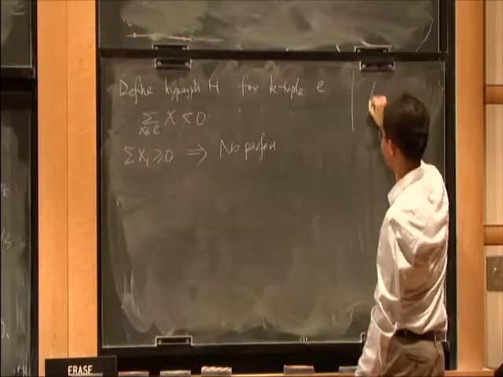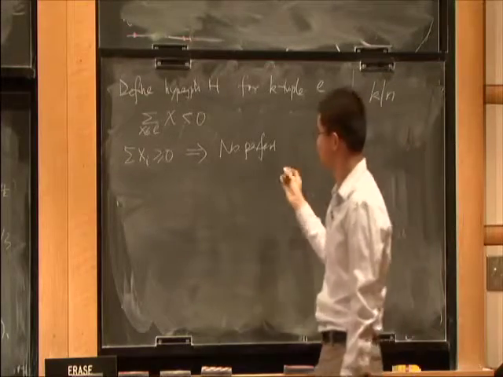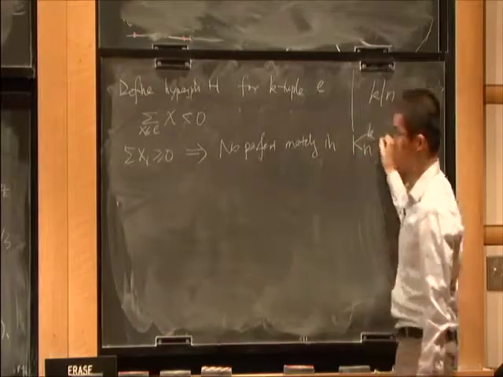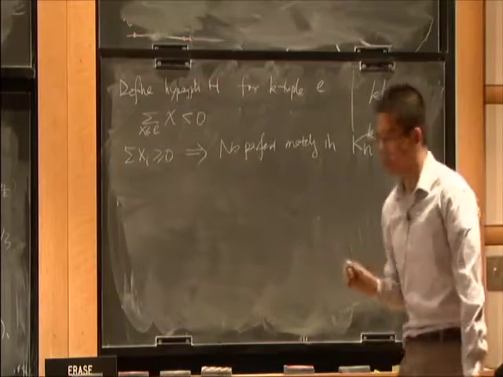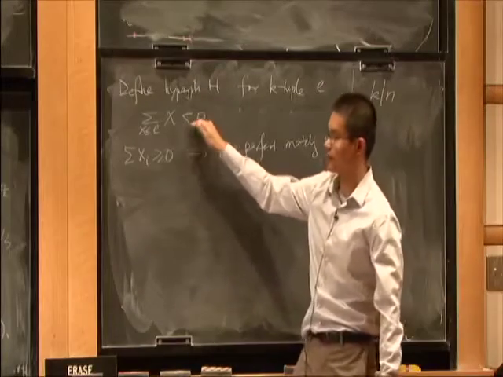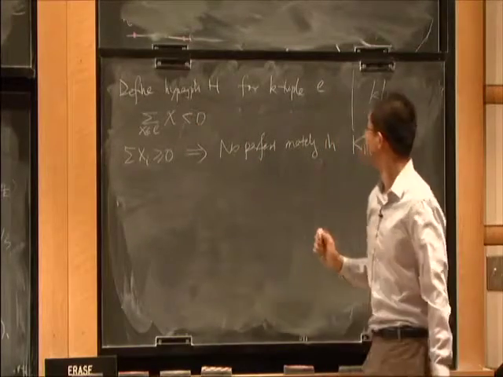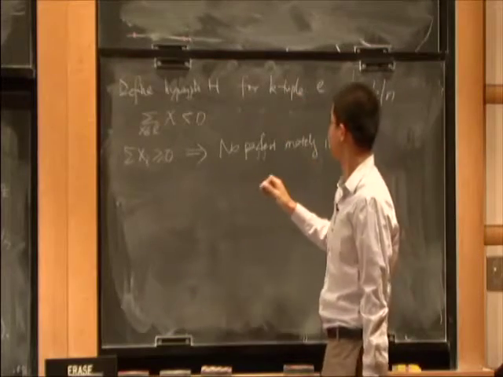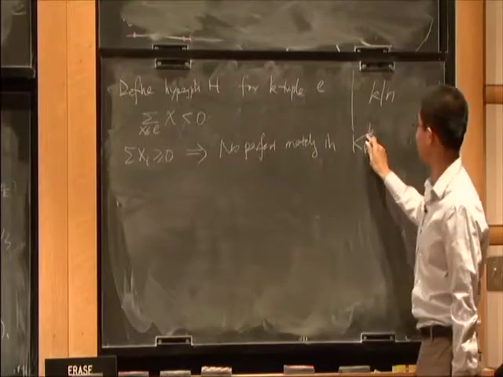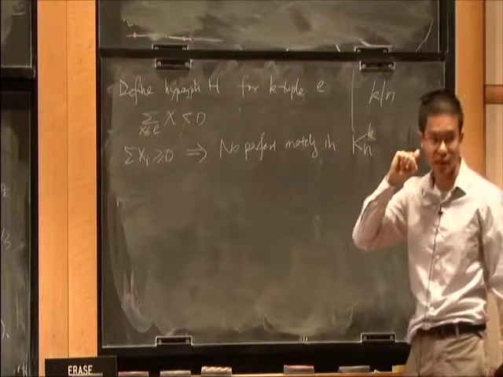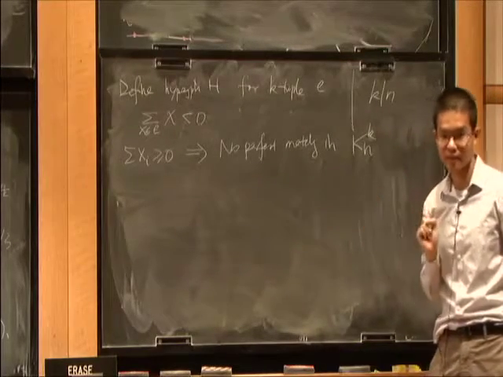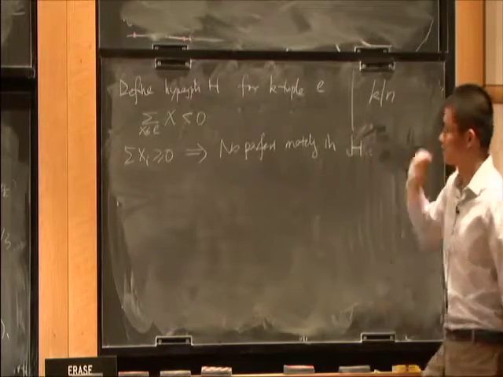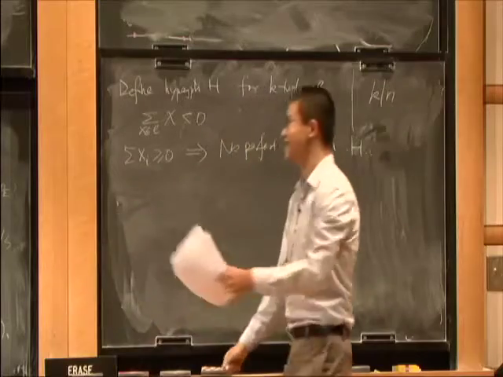I'm always looking at the n divisible by k case first. So there's no perfect matching in H, right? Because if there were a perfect matching, then the sum would be negative. H_k^n has no perfect matching.